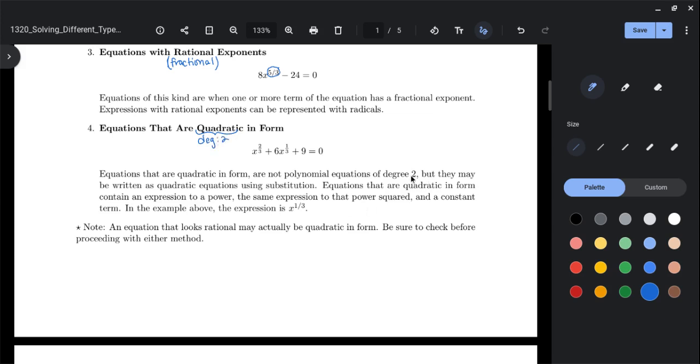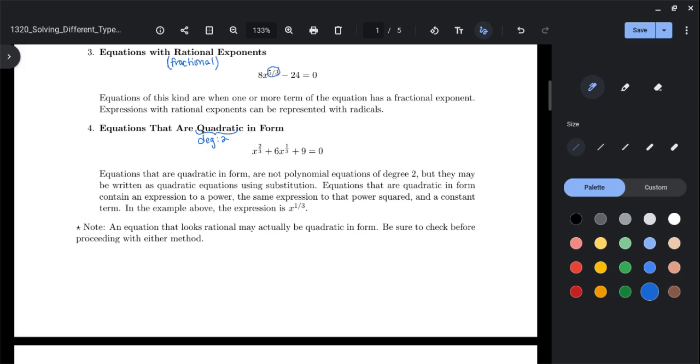Now, if I told you that this equation here, x to the 2/3 power plus 6x to the 1/3 power plus 9 equals 0 is quadratic in form, you might think I'm crazy because there isn't an x raised to the 2nd power. But we're not calling this a quadratic equation. We're saying that it's quadratic in form. So there's something that we have to do to make it look like a quadratic equation.